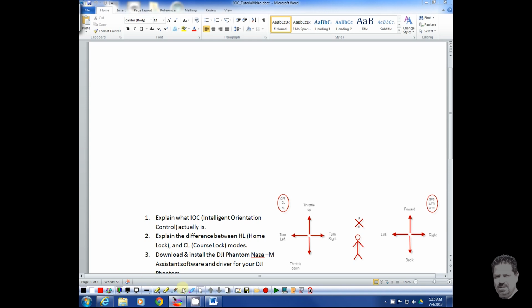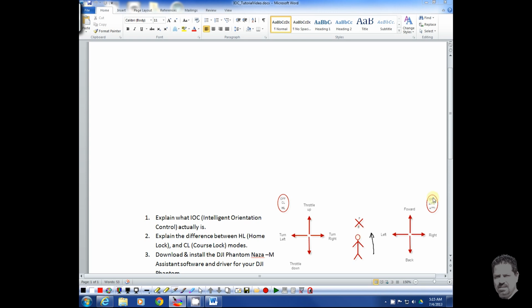For the purposes of this demonstration, we're going to pretend that this is me, and that this is my DJI Phantom. I'm aiming this way. Okay, I'm looking in this direction. I put my quadcopter directly in front of me, and forwards for the quadcopter is this way, and backwards. This is the front of it, and this is the back of the quadcopter.